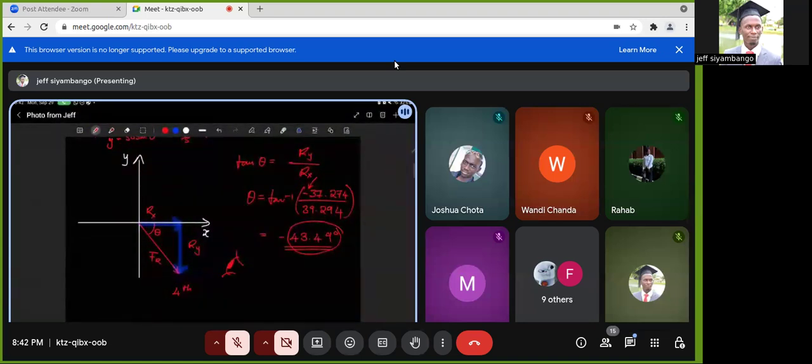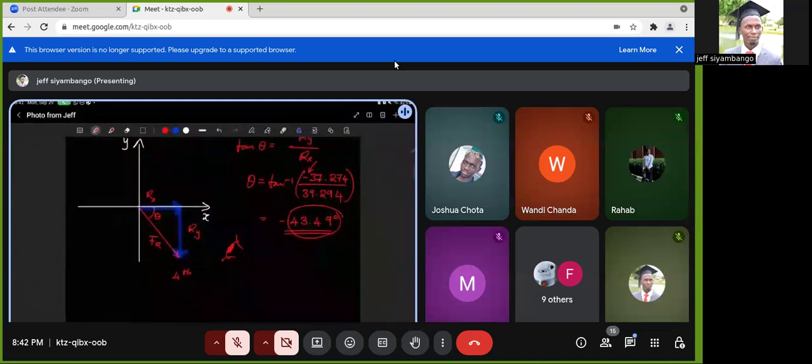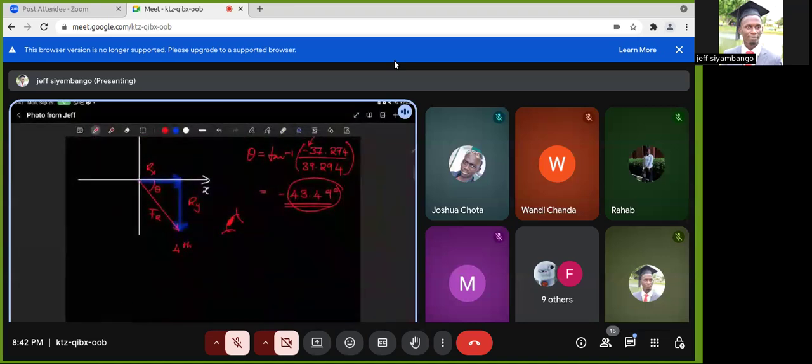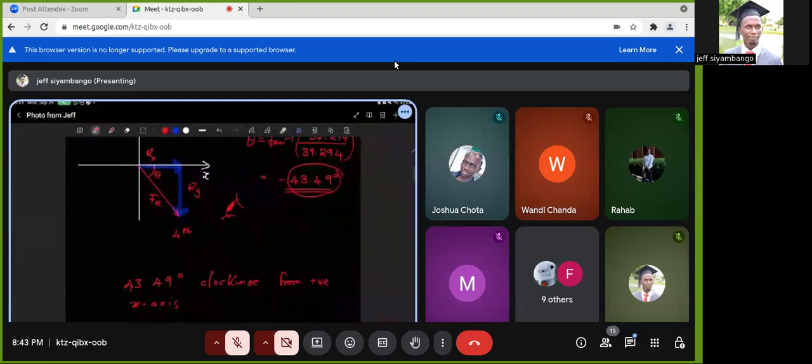Because now to present your direction, you are not going to just state it as 43.49 degrees. Either say it's 43.49 degrees clockwise from the positive x-axis. Now you've completely described that it is in the fourth quadrant, the angle 43.49 clockwise from the positive x-axis.